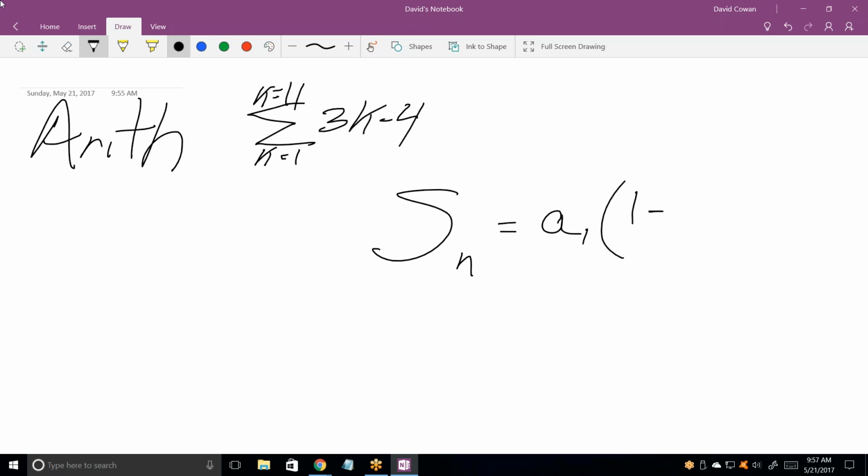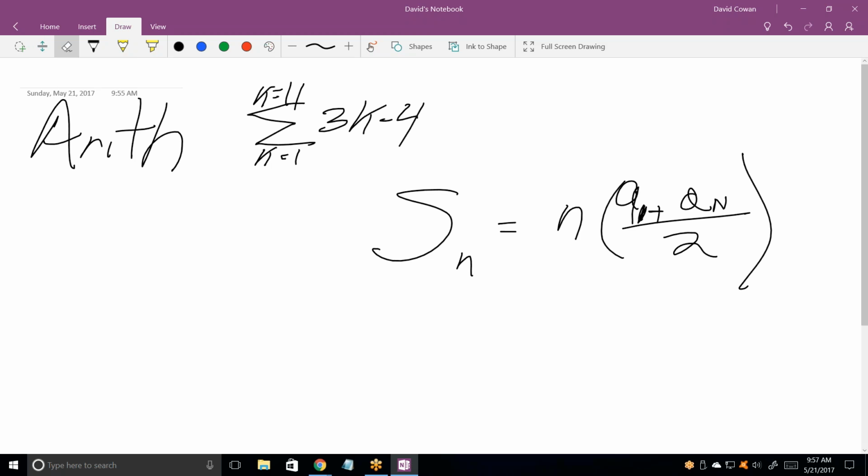The arithmetic is n, the number of terms, times a sub 1 plus a sub n, the last term, all over 2. Well, it's not quite all right because we don't know what a sub n is.